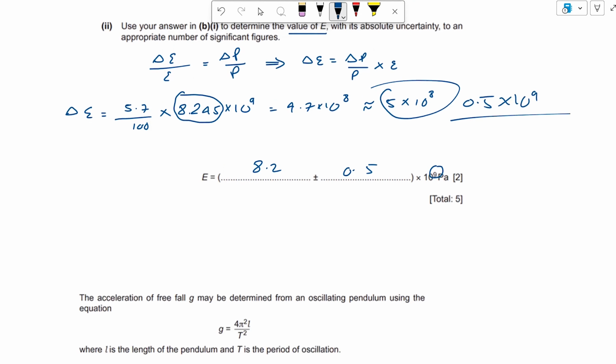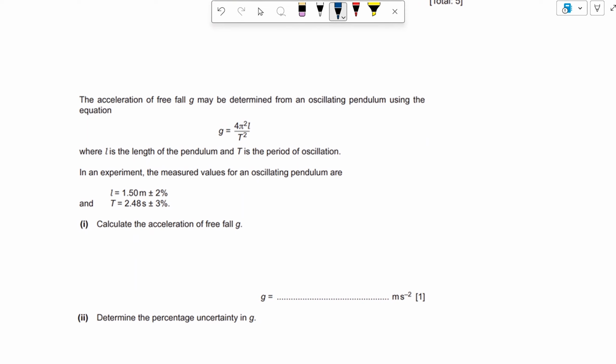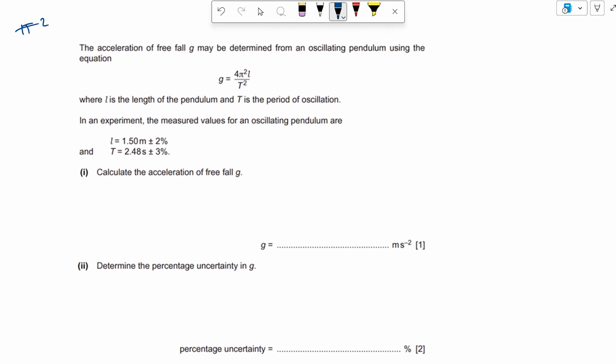Okay, so let's move on to the next question. Question number 2. What do we need to do?